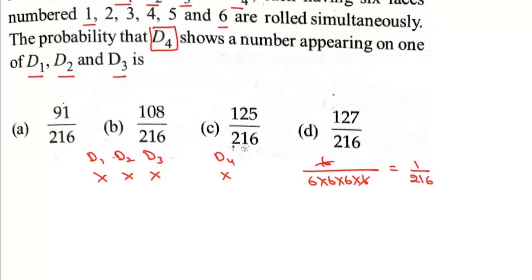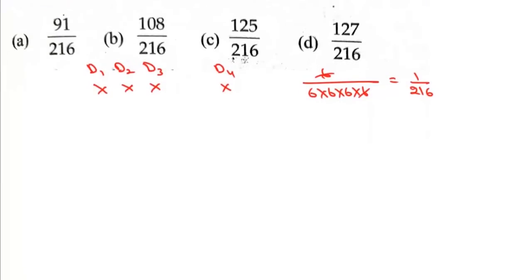Now we have the second case, when 2 of the dice show the same number, say x, and the third die shows y. Now the 2 same numbers can be any one out of 6C1, and then one distinct will be 5C1. And once we have x, x and y, it can be arranged among D1, D2, D3 in 3 ways.